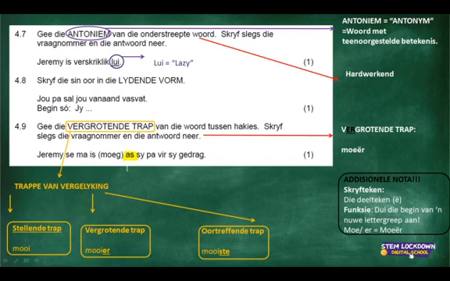Okay, so now we go to this word and we look at it and it's moeg. But now we can't in Afrikaans say Jeremy se ma is moeger as sy pa vir sy gedrag. It doesn't work. So the G is going to fall away and you're going to add an E with the deelteken, the two dots on it, and then the R. Where you put the deelteken is extremely important.